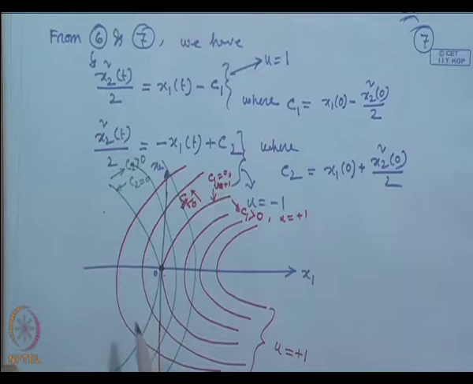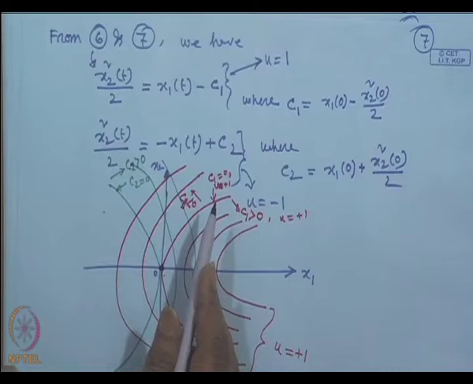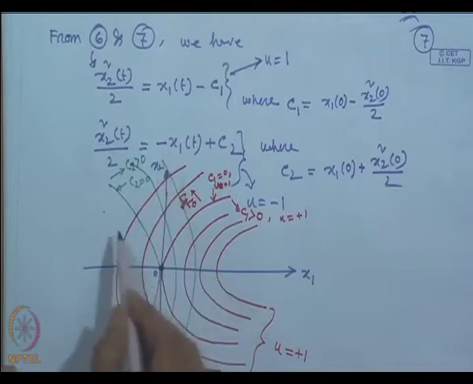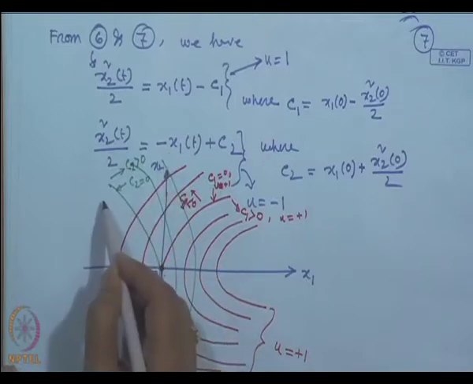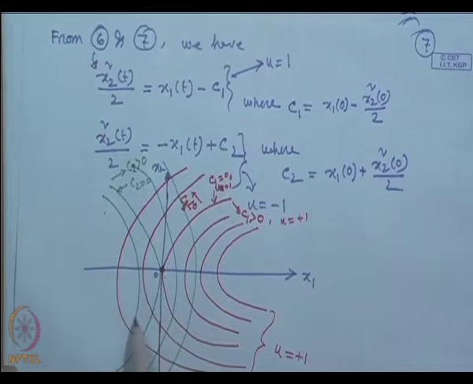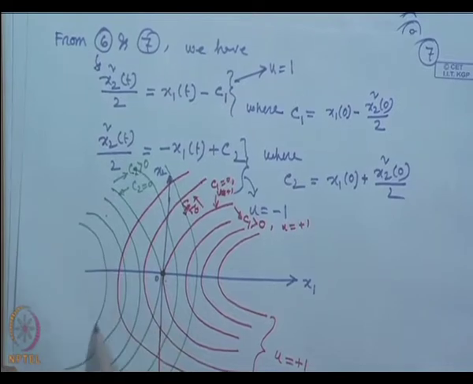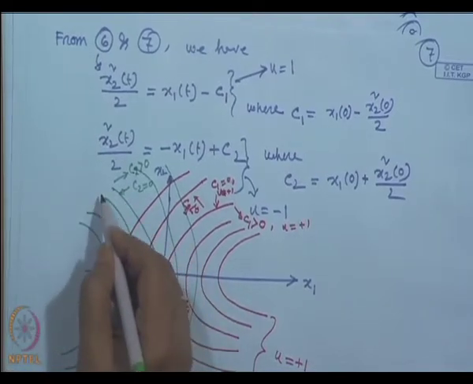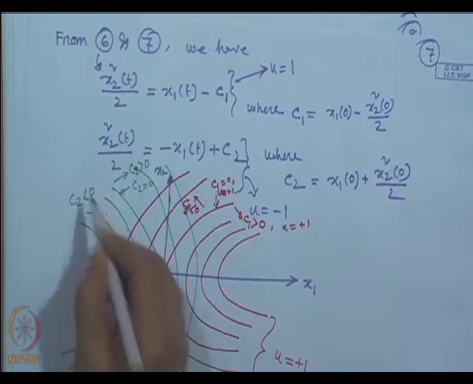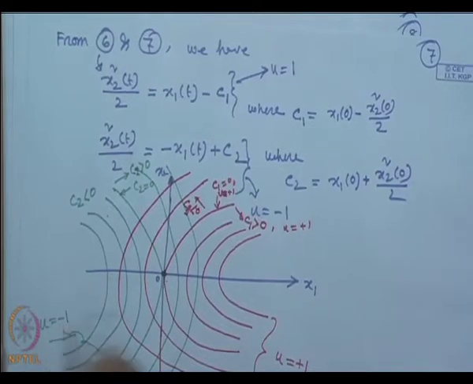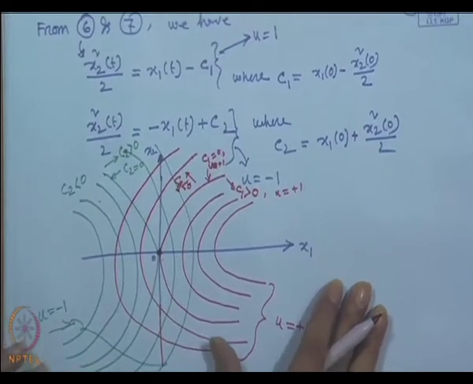Now C2 is negative, agree? Then that value will be below the C2 equal to 0 curve. So, this is C2 less than 0, and all these curves are u equal to minus 1.